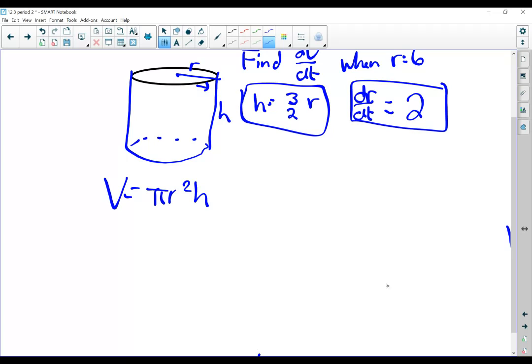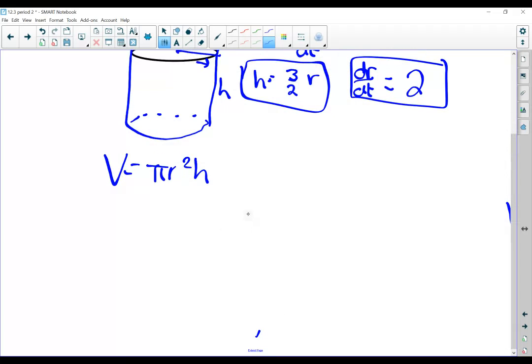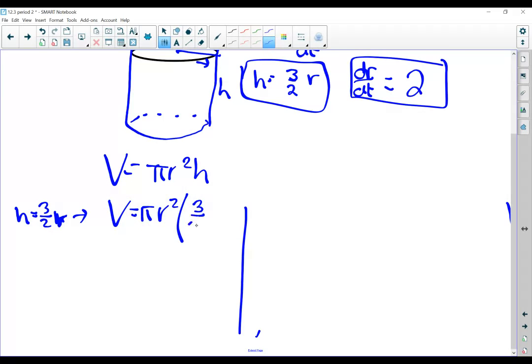So my option number 1 for this problem is to take the fact that h equals 3/2 of r and plug that into that equation. So V equals pi r squared times 3/2 r. Now this one's a little nicer to clean up because this h is just h as opposed to squaring it like we did in the last example.